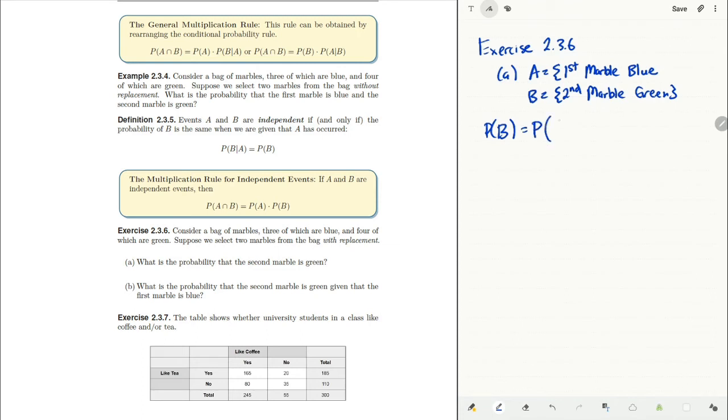Either the first marble is a blue marble and then the second marble is green, or the first marble is green and the second marble is green.